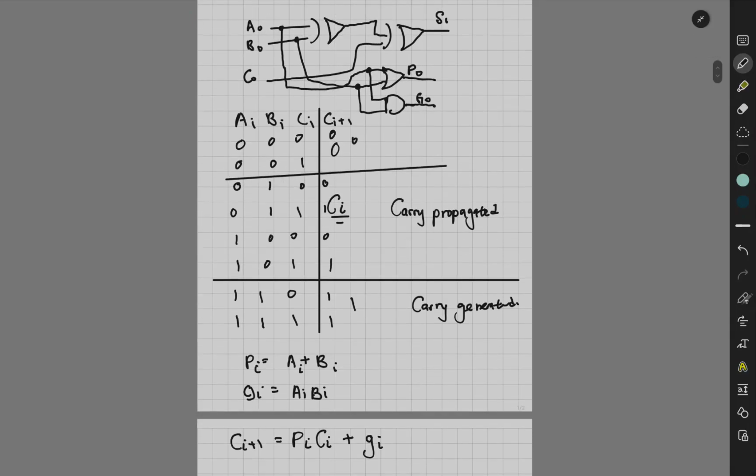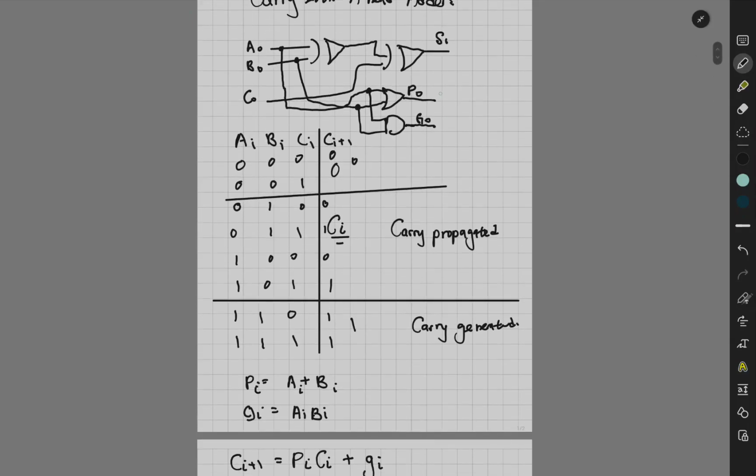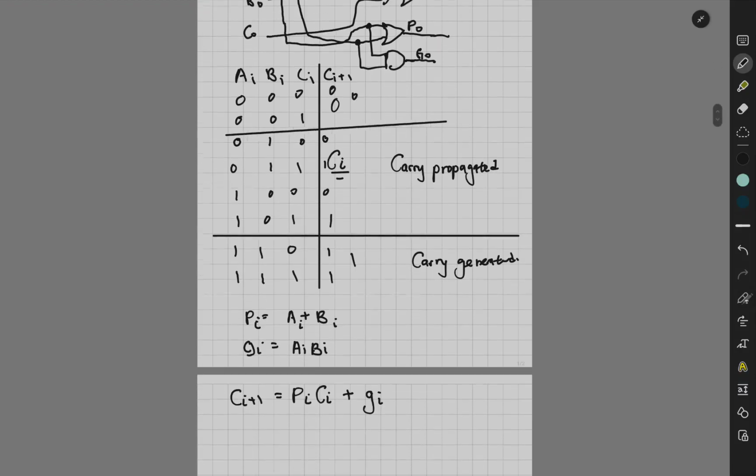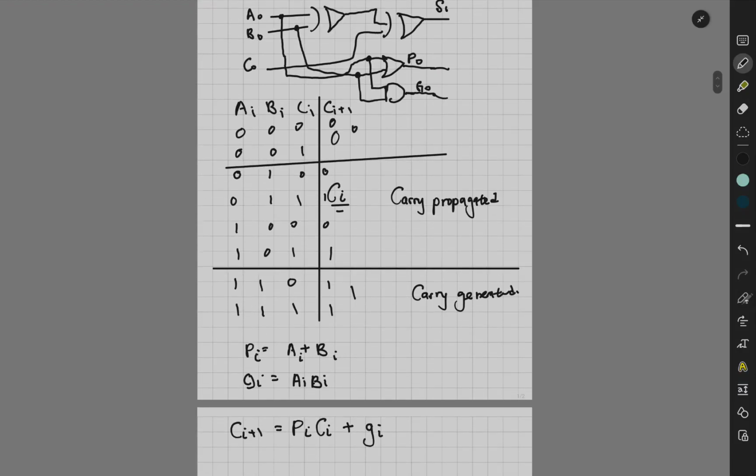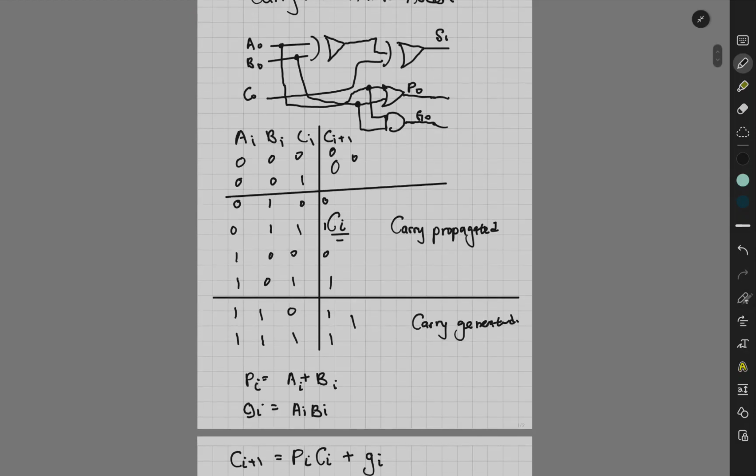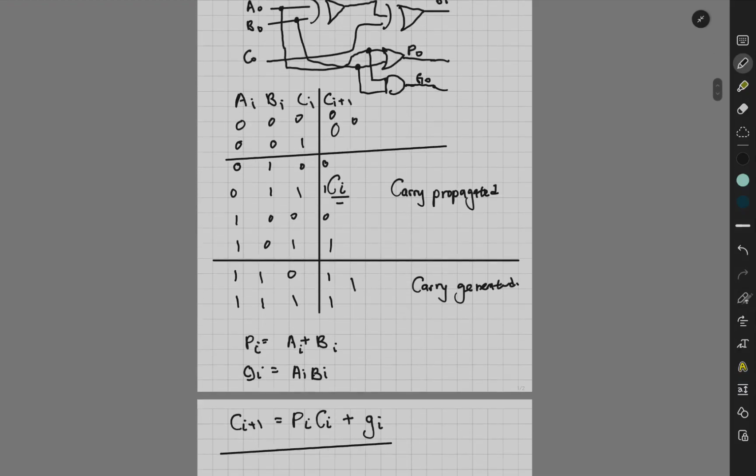And so if we want to generate the C1, we actually need to use this equation to generate C1. So this circuit relies on this to make it realizable that we can generate the carry all at the same time.